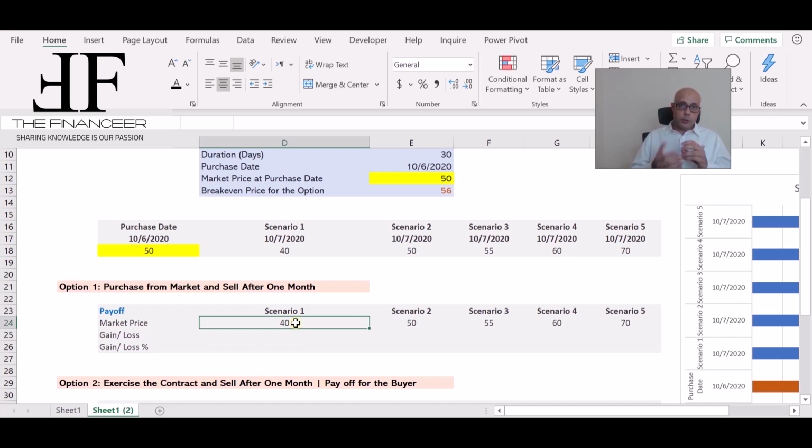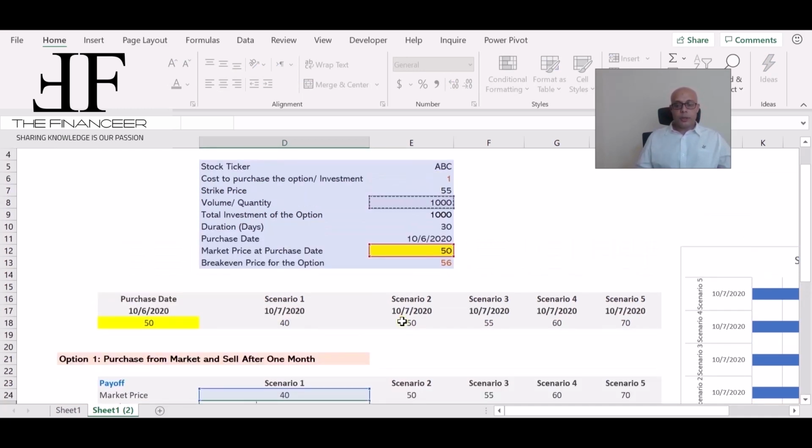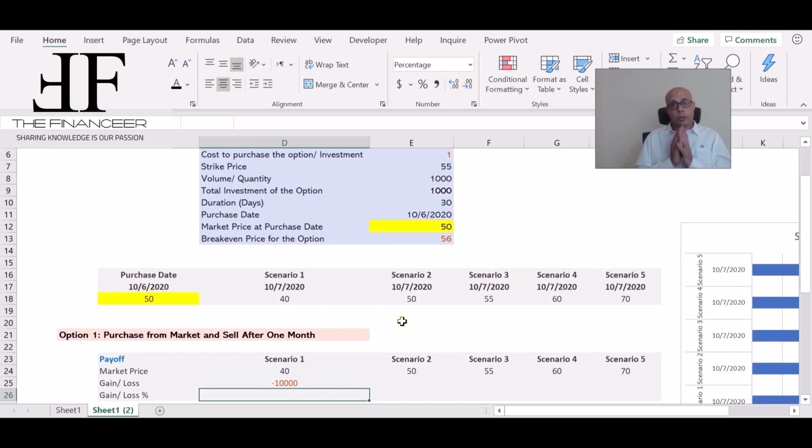So now you purchased at 50 and the market price today is 40, so you have a loss. How much is your loss? My loss will be the difference between 40 minus 50, multiplied by the number of stocks that you purchased. So the total loss in this case is $10,000. So this is the total loss if you purchased from the market and you didn't purchase the option contract from the beginning.